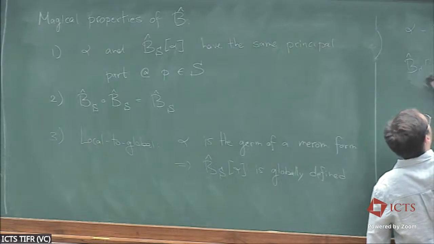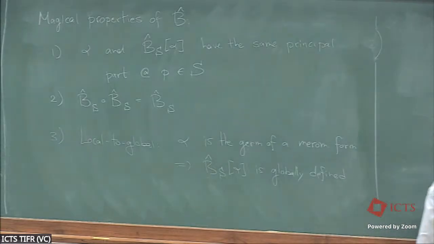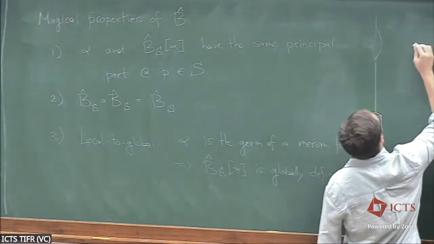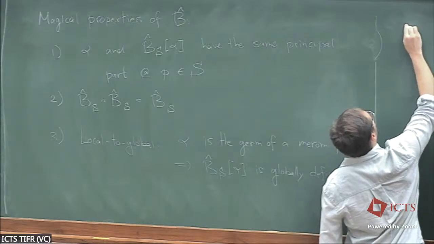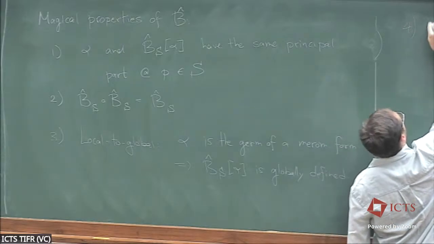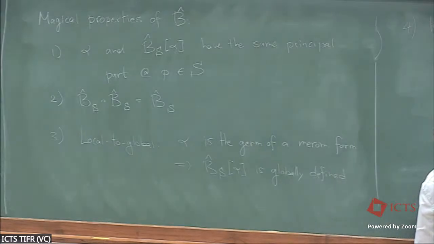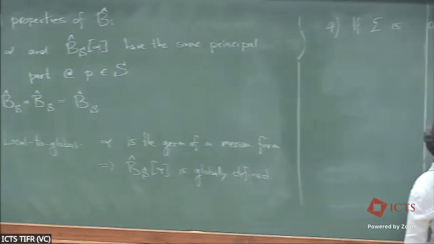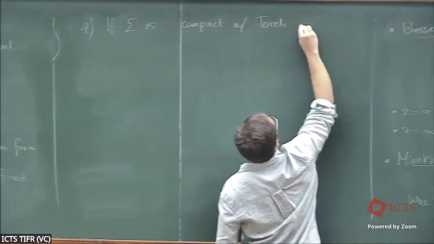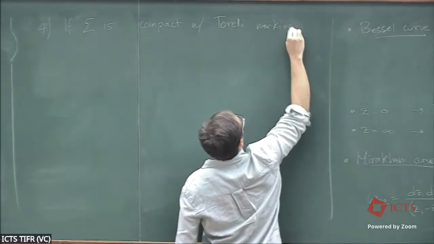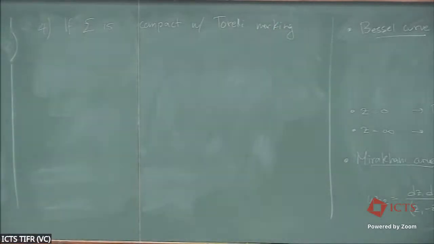So if sigma is a compact Riemann surface, this operator B hat is actually something that is sort of classical in the theory of Mittag-Leffler residues and so on. So maybe let me say it like this. If sigma is compact with a Torelli marking, one can actually give a characterization of B hat of alpha.